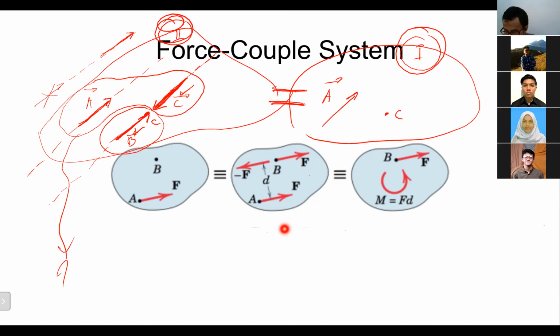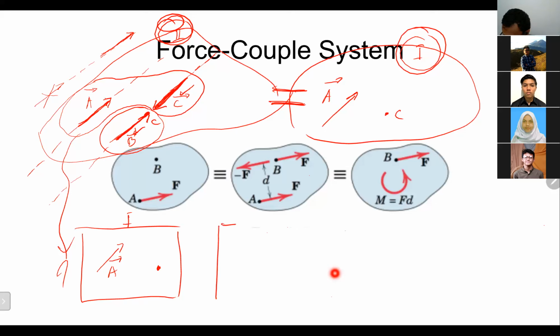So actually, you can do it this way. This is the force system. This is force A. You can move it to location C here, like this. You can, but by doing so, you will also create a couple.